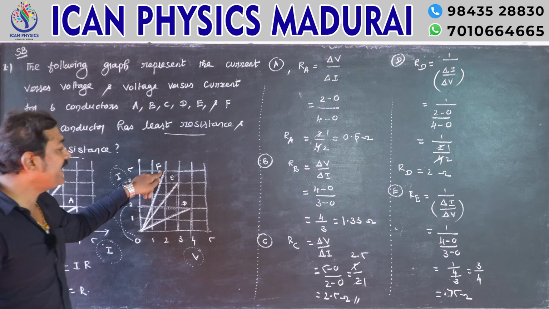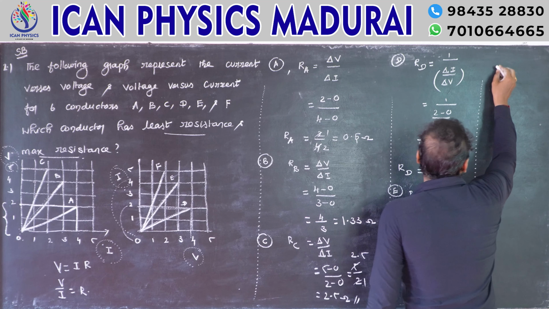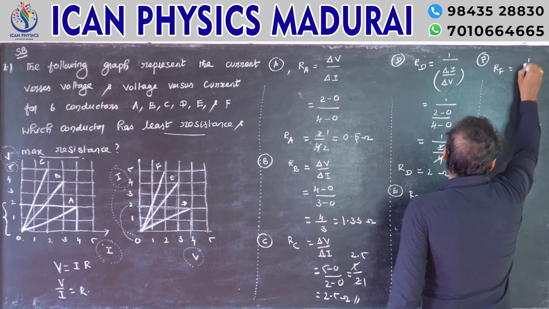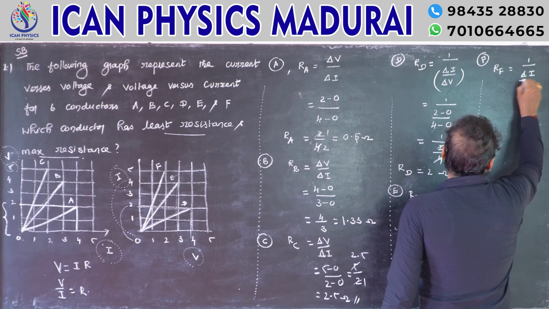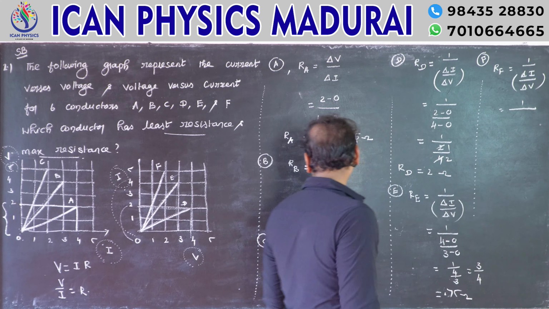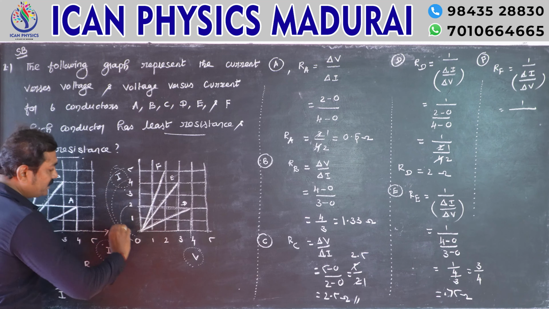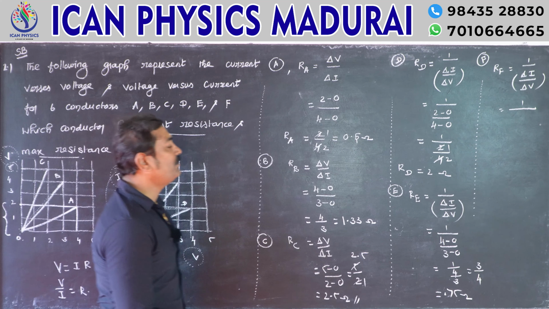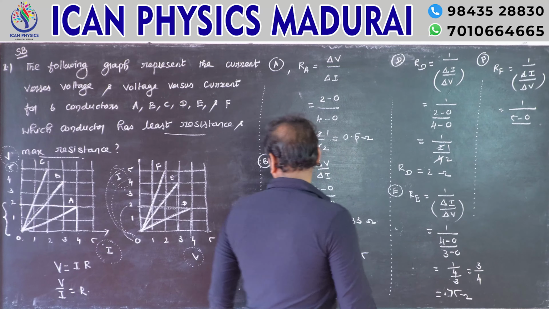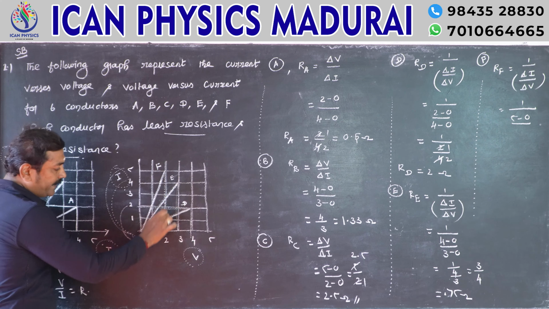Okay. So finally we can go for F. For F, how can we change the formula? For F, RF equal to 1 by delta I by delta V. Okay. 1 by delta I for F. So it should be 5, and the initial one is 0. So 5 minus 0 divided by, for F, the voltage, it should be 2.